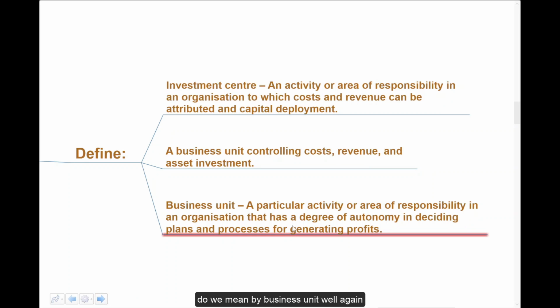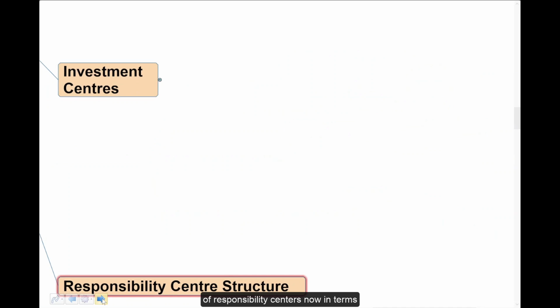Well, again, a high degree of autonomy or independence in terms of deciding plans and processes for generating profit. So we're talking most likely of a large division, a large element, perhaps a subsidiary of a business, maybe a foreign subsidiary. So there are the four key areas of responsibility centers.